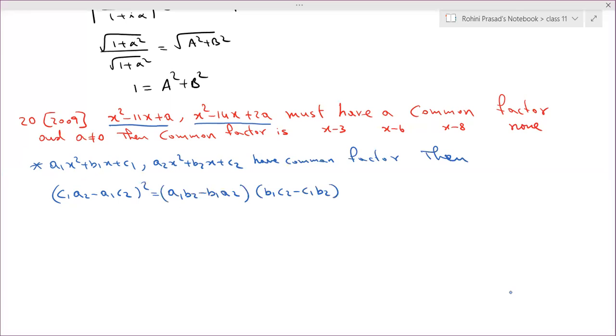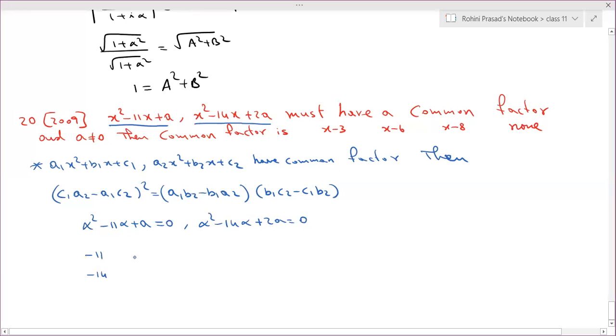Or if you forgot the formula, you can use the method which we use to derive this formula. That is, let alpha be the common root. Then alpha square minus 11 alpha plus A equal to 0, and alpha square minus 14 alpha plus 2A equal to 0. So there is a method called cross multiplication method. Minus 11, minus 14, the alpha coefficients, constant terms, and then alpha square coefficients, and again alpha coefficients, minus 11, minus 14.